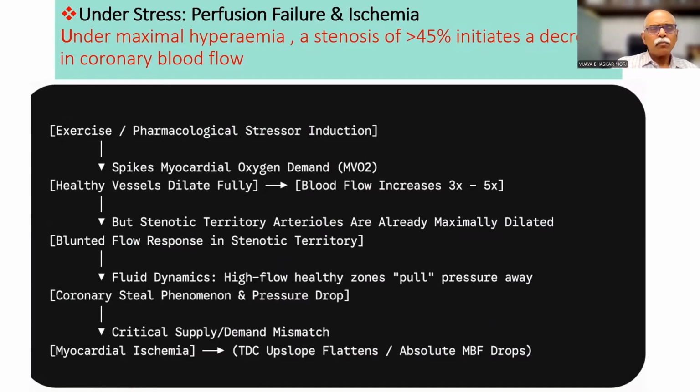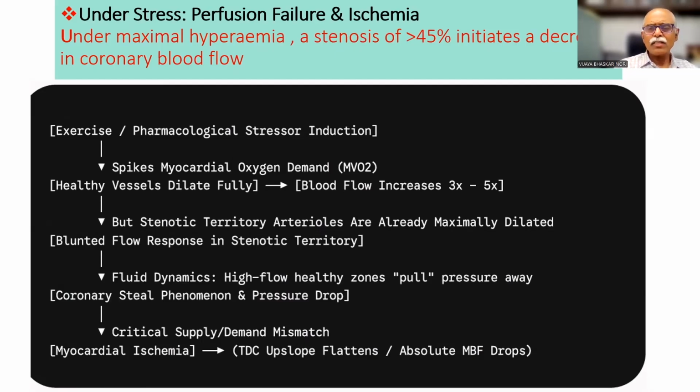So, under maximum hyperemia or under maximum stress, when you try to increase the demand of oxygen to the myocardium, then even at more than 45% stenosis, the autoregulation fails and the myocardial blood flow is reduced because the arterioles cannot dilate anymore. They have dilated to the maximum. So that is when the ischemic cascade develops.